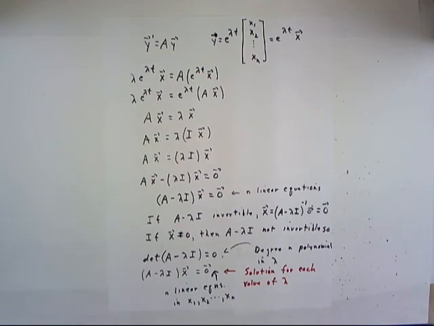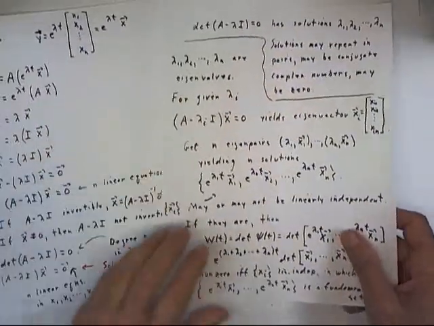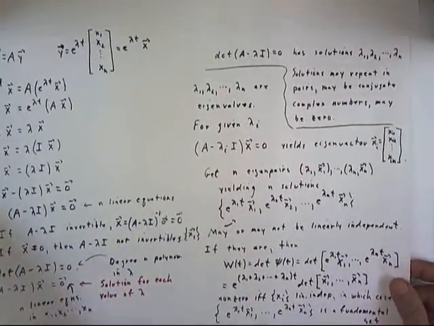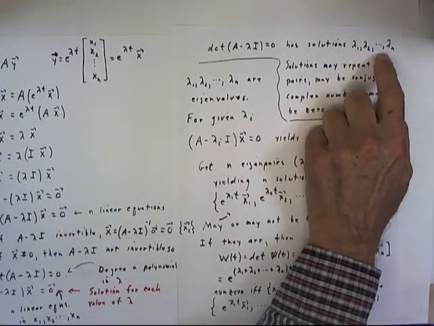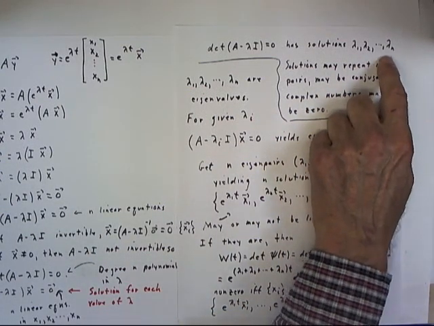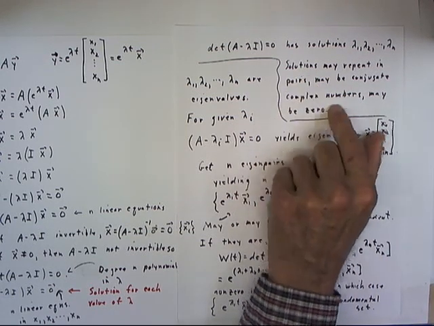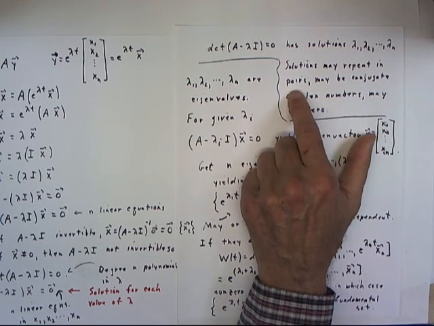We can represent those n solutions to the polynomial as lambda 1, lambda 2, etc. up through lambda n. And I've said it, but let's see it in writing, that solutions can repeat in pairs.